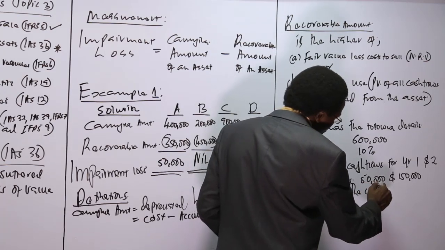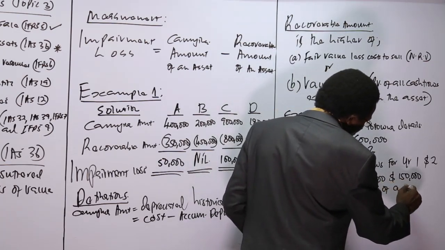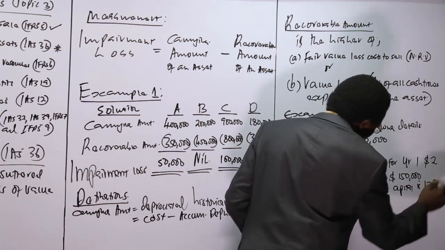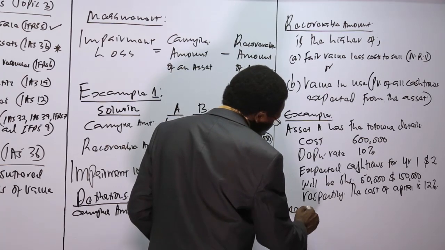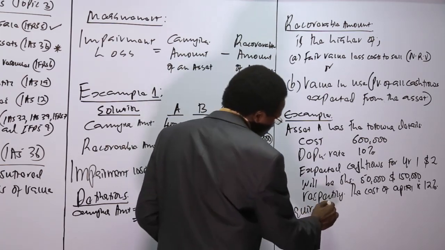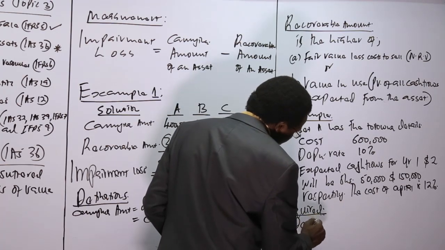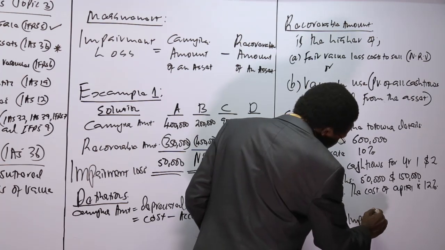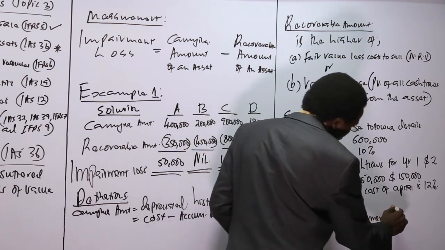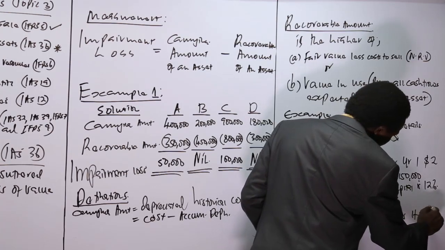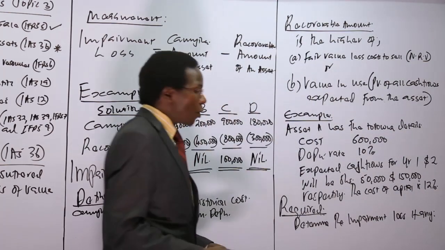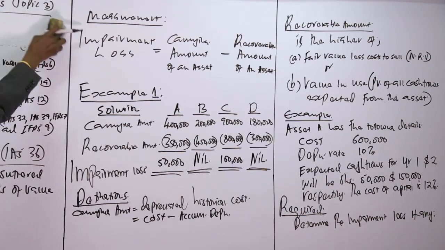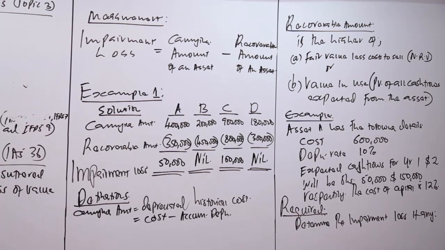The cost of capital is 12%. So we are required to determine the impairment loss, if any. So that's a simple example.